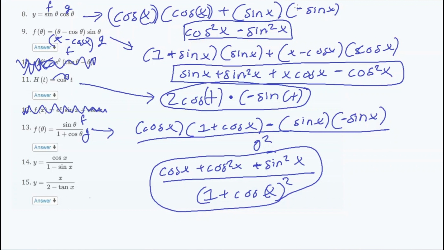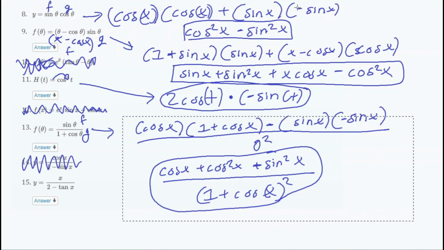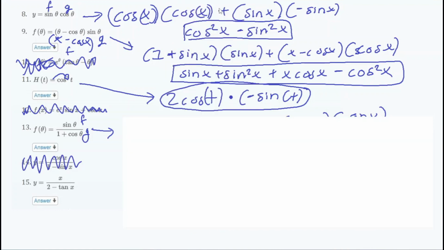And now let's try number 15. Number 14 is exactly the same thing. So let me free up some space for number 15. So number 15, we're going to have x over 2 minus tan x. We're going to have to use the quotient rule here, so we're going to have f as x and then g as the bottom.